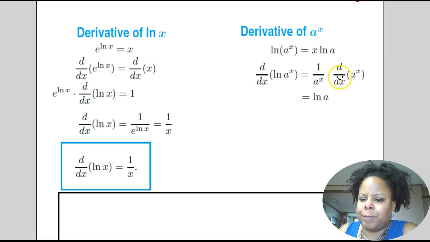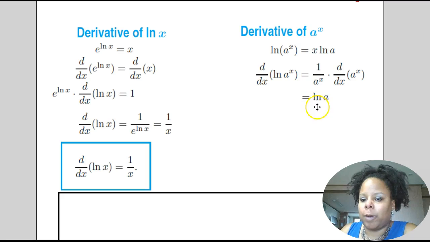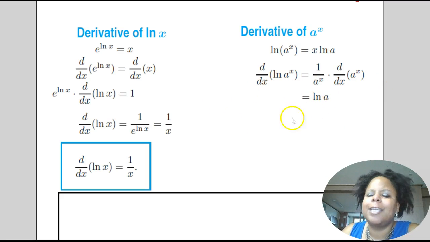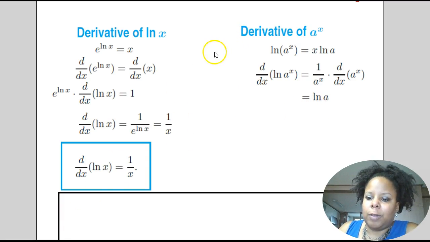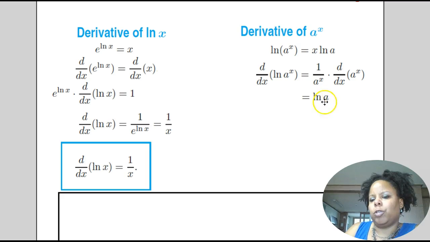Well, we know that the derivative of a to the x is equal to the natural log of a times a to the x. And when we divide that by a to the x, we just get the natural log of a. There's a step that we skipped algebraically, but I explained it verbally. So that's another way to prove that the derivative of a to the x is a to the x times the natural log of a.